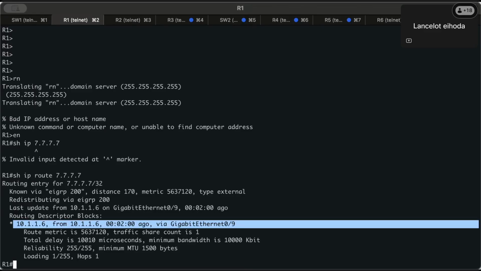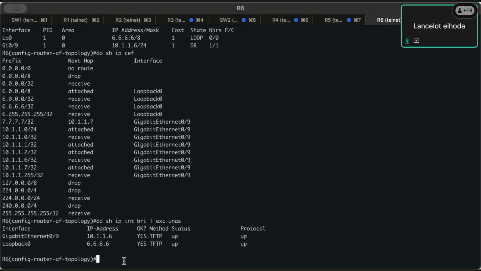So what you are supposed to do is, if it configures itself as the next hop, everybody will go through it. So that means router 6 has told them on that gigabit interface 0/9 that it is the next hop. So under that topology, let me exit here.